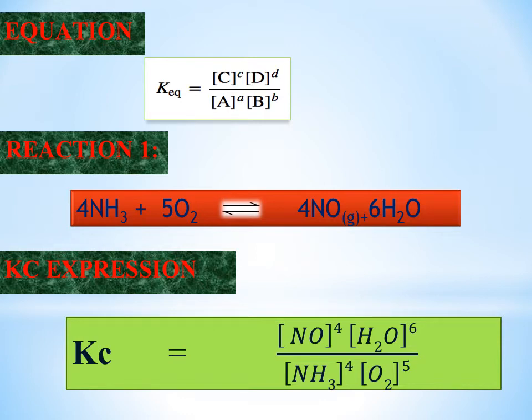In the subscript, concentration of ammonia raised to 4, as this 4 shows the 4 moles of ammonia, concentration of oxygen raised to 5, and this 5 shows the 5 moles of oxygen.